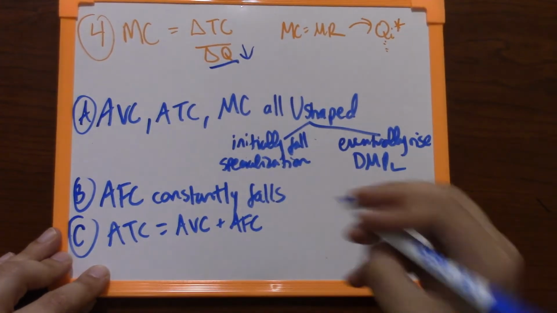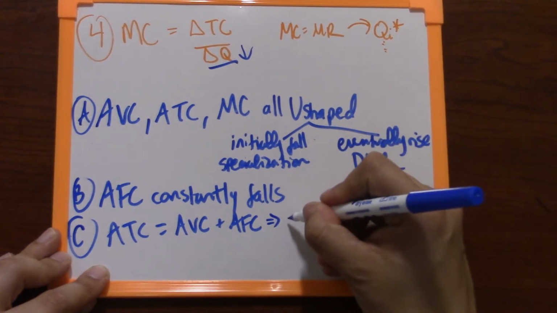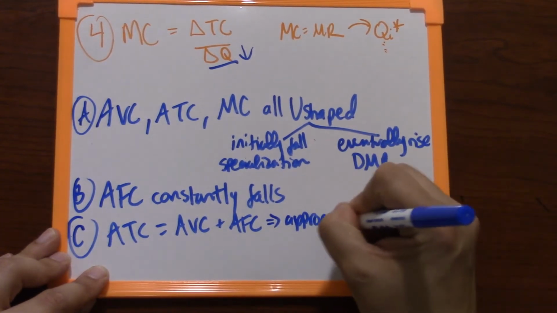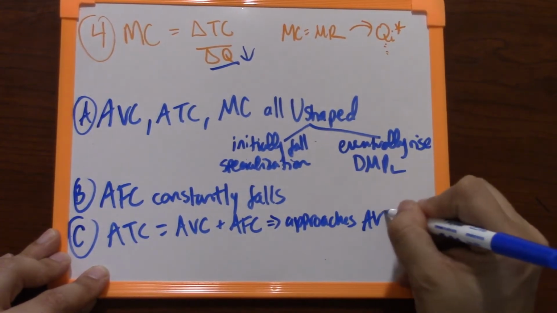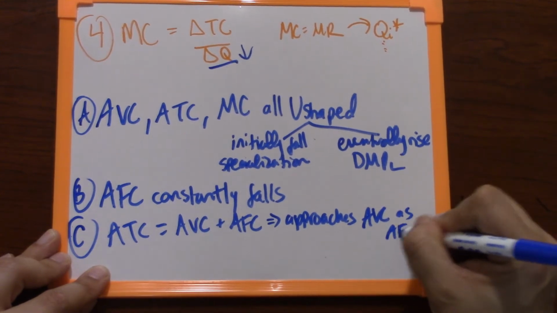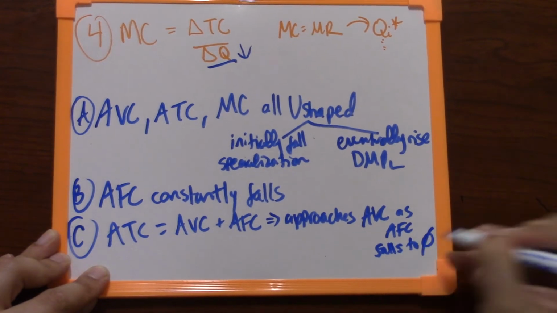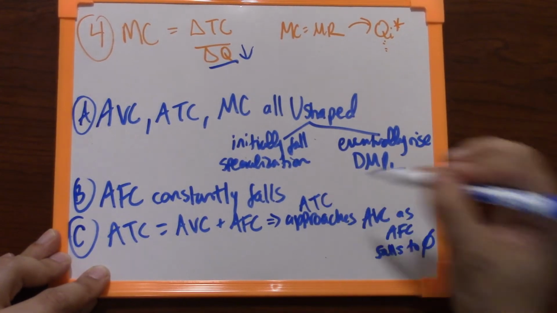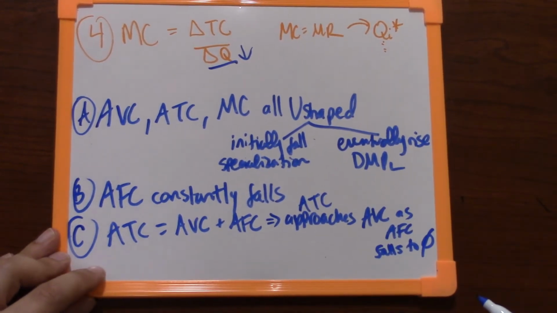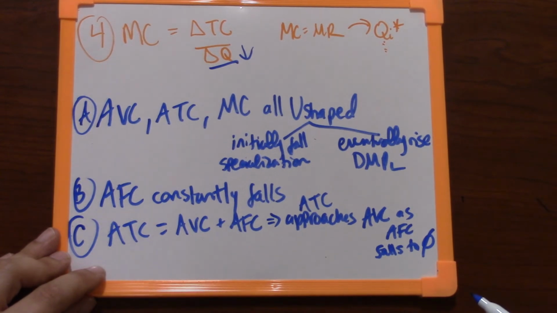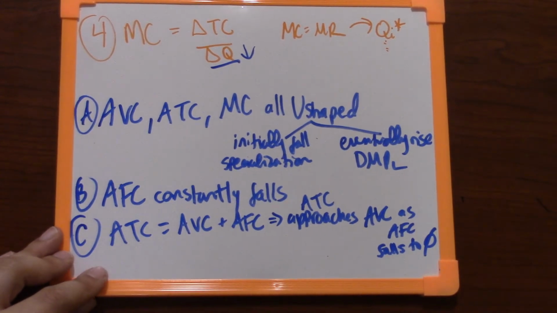That's just part of our definition. But because of that definition, it approaches average variable cost as average fixed cost falls to 0. Average total cost is going to be getting closer and closer to average variable cost as the average fixed cost is going away, right?